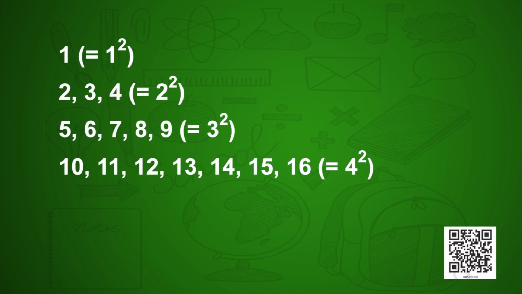Now, let us take the next two consecutive square numbers. Which are they? 4 and 9. And between these two square numbers, observe how many non-square numbers there are. We have 5, 6, 7, 8. Totally, we have 4 non-square numbers.